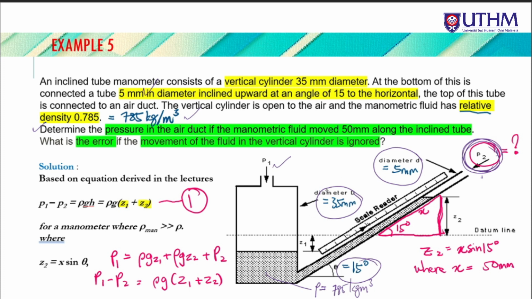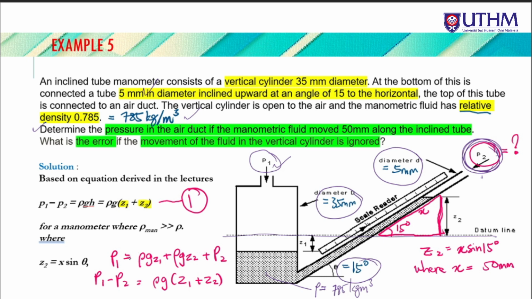Okay, so firstly apa kita kena buat adalah, biasalah kita kena dapatkan dia punya equation dulu lah. So since this is the datum line, okay, so firstly belah left hand side kita pressure 1, since this Z1 is below the datum line, it should be considered on to the right hand side.